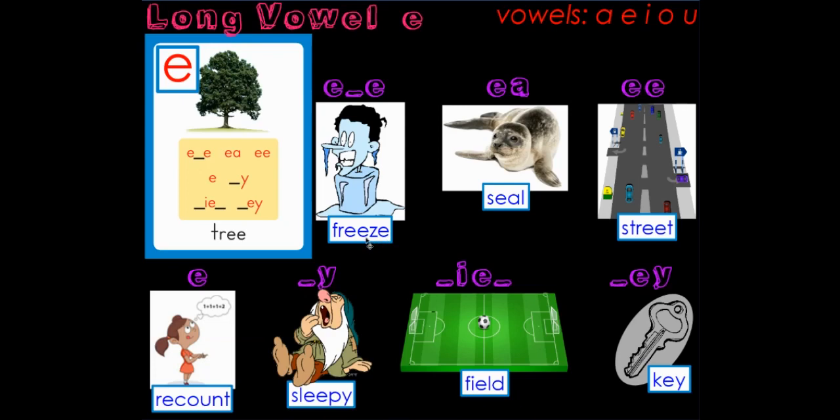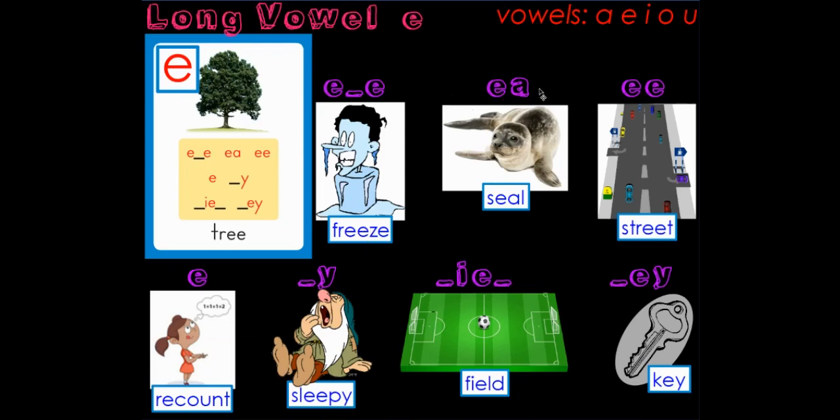It's spelt with the E, consonant E. This is the silent sneaky E. When we say the word freeze, we're not saying freezy or freeza. We are just saying freeze because the silent sneaky E doesn't say anything. It is silent, but it makes the other vowel say its name.